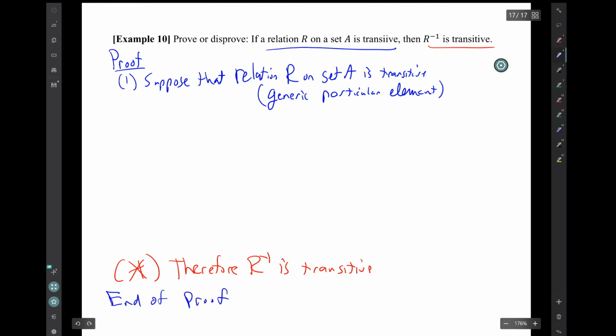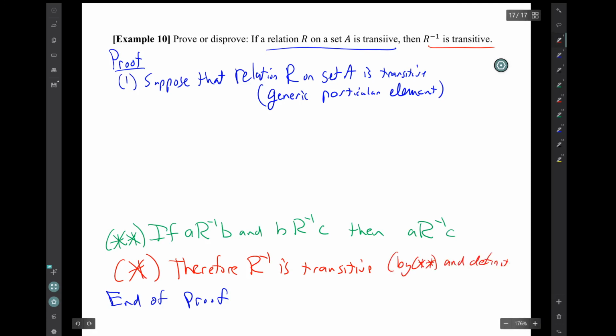Now, we have no choice about what has to precede this last statement. Before we can say that, we have to previously have said this. So that's what it means to say that R inverse is transitive. So the justification for the final step would be, well, let's work backwards from there. This expression has defined terms in it. So what does that mean?